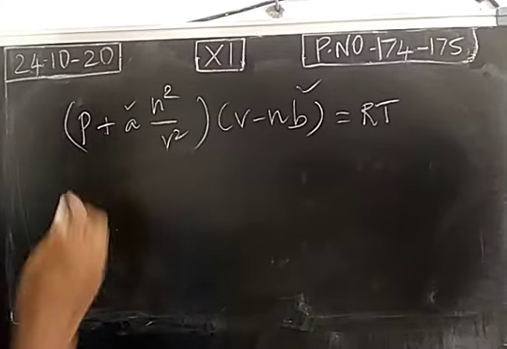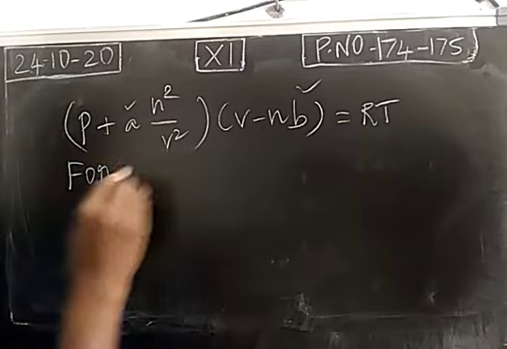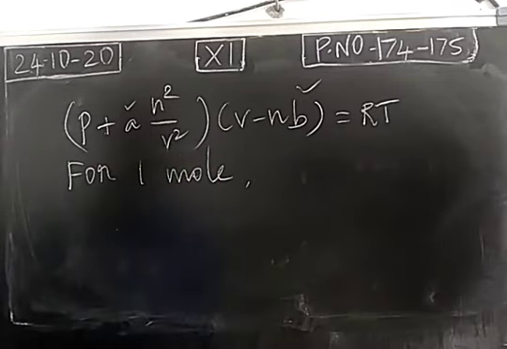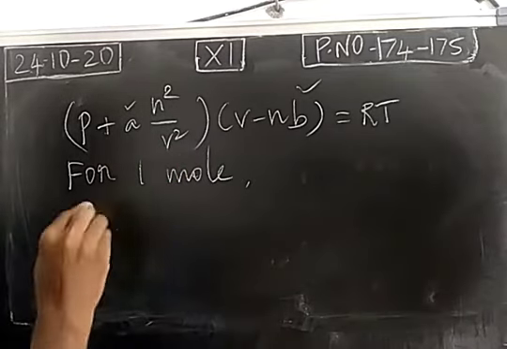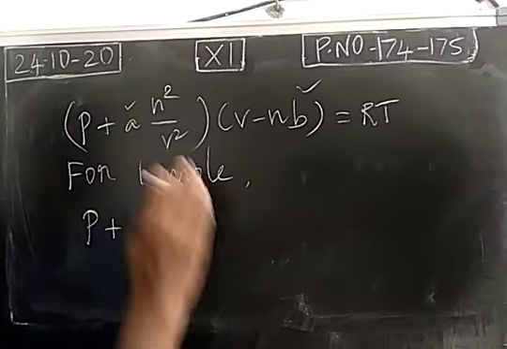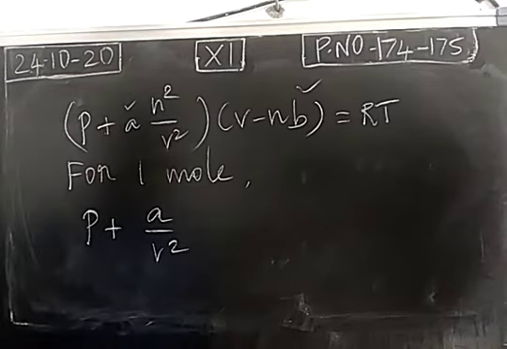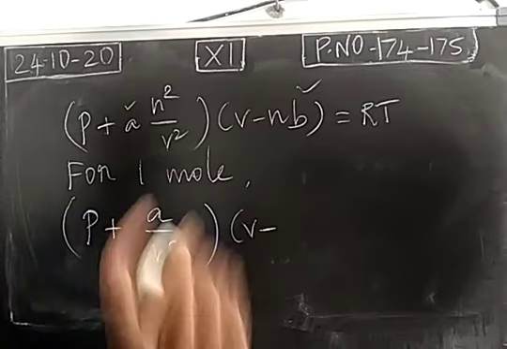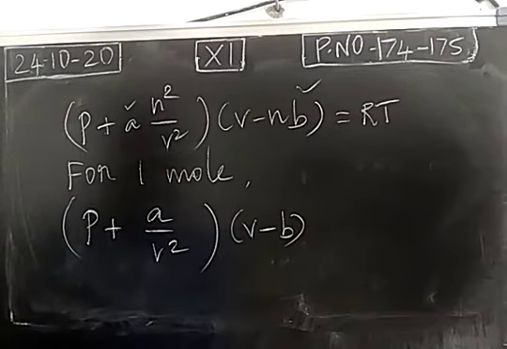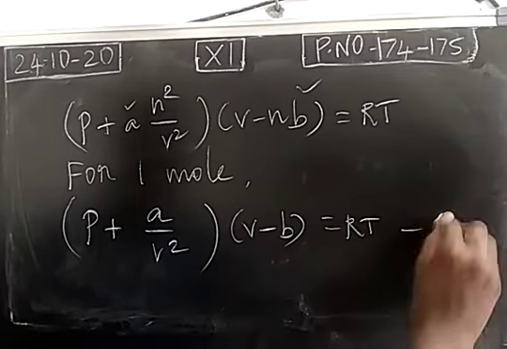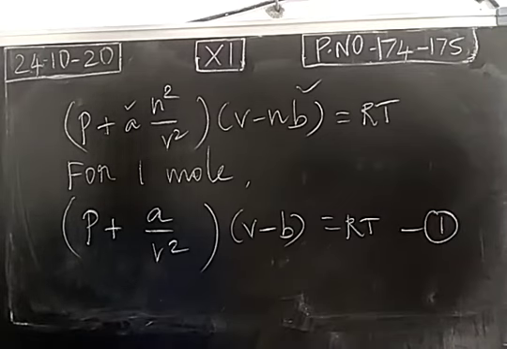For 1 mole of gaseous molecules, we rearrange the equation: P plus a by V squared, the number of moles becomes 1, V minus b is equal to RT. We take this as equation number 1.